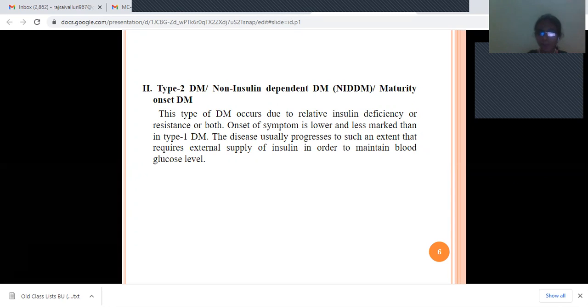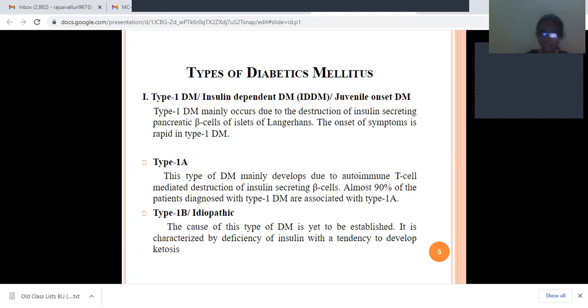So in type 2 diabetes mellitus we have to take insulin externally into our body. These are the types of diabetes mellitus: type 1 is also known as insulin dependent diabetes mellitus, and in this type, 1A and 1B occur.